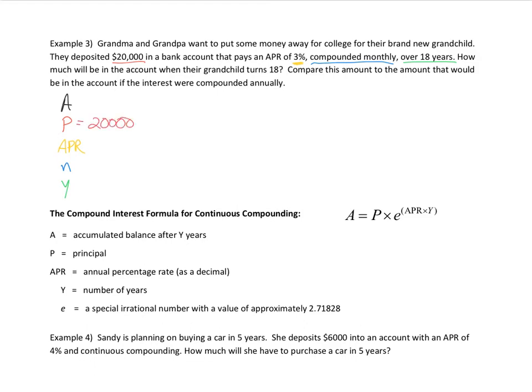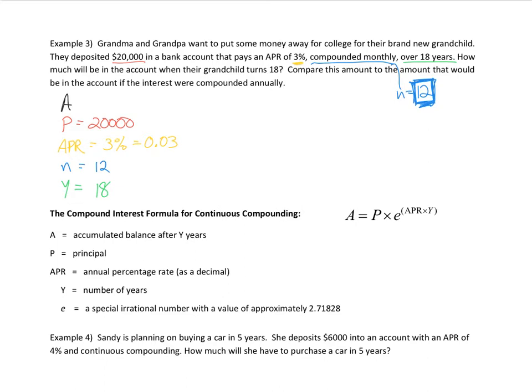I know the APR was 3%, which more specifically we want as a decimal, so 0.03. n is 12 and y is 18 years. And n is 12 because we said monthly. If something happens monthly, how many times in a year would that happen? 12.